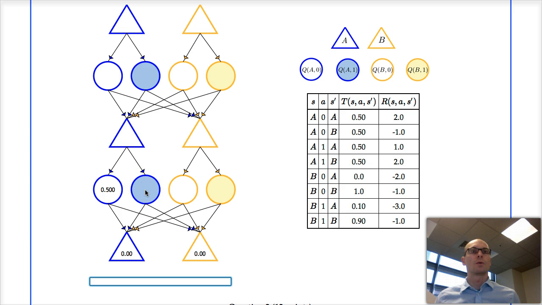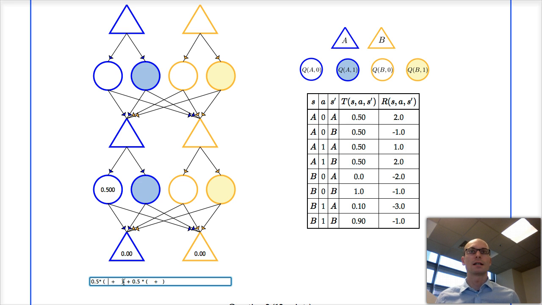Now here we're in state A. Just took action 1. So we're working with this part of the table here. There's a 50% chance that we go to A and 50% chance that we go to B. So 0.5 times the reward for A plus the value we get at A plus 0.5 times the reward we get for B plus the value we get at B. So what are the rewards and the value here?